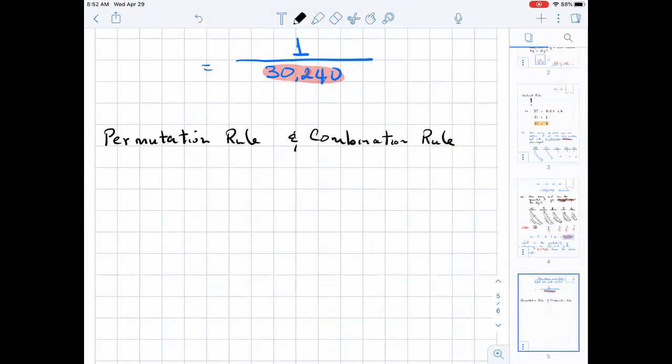Permutation and combination are two ways of counting, and we usually say where order matters and order does not matter.